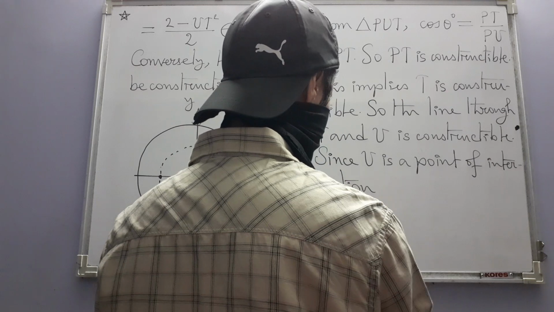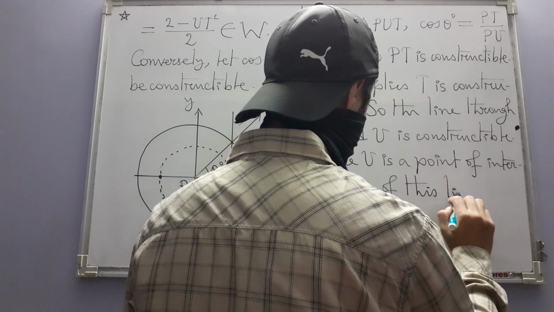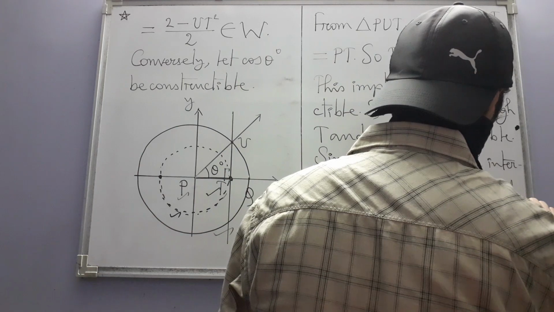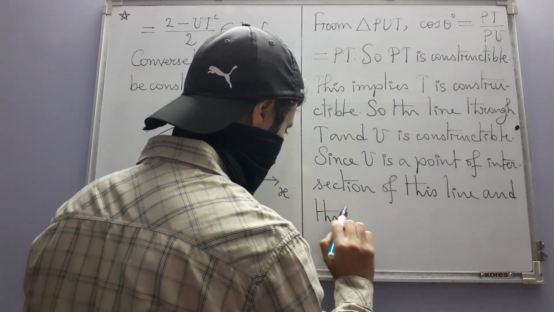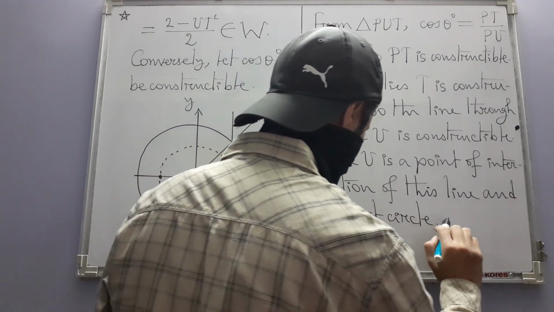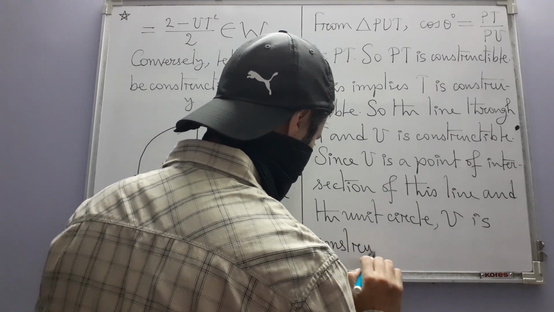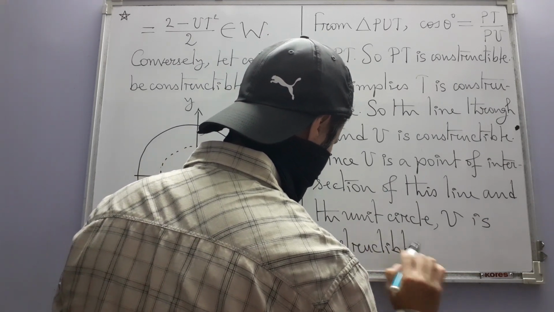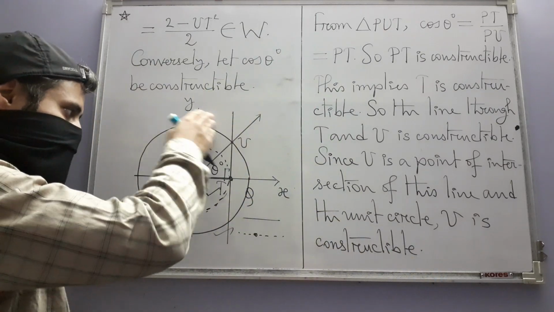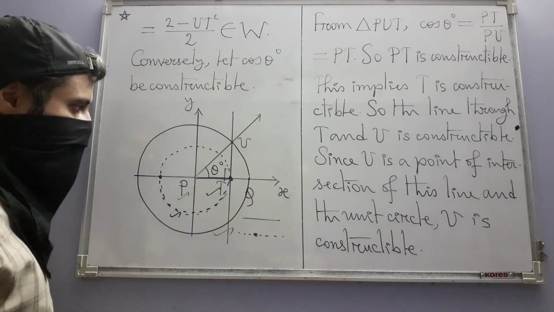Since U is a point of intersection of this line and the unit circle, U is constructible. Why? Because we already know that this line is constructible and the circle is constructible, we have already seen. So this point of intersection is a constructible point.